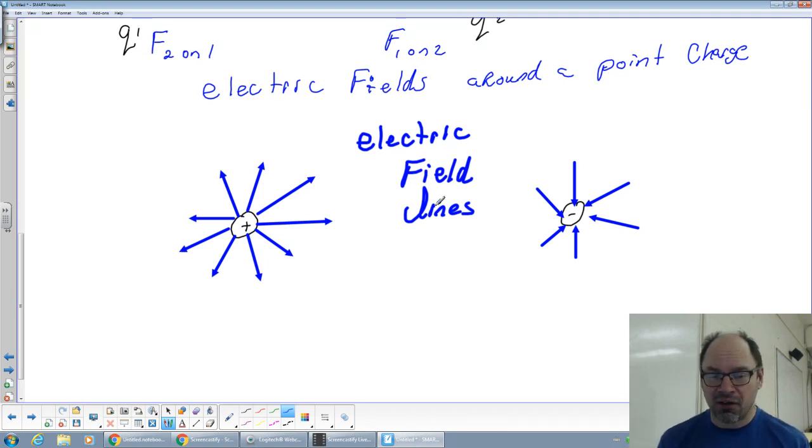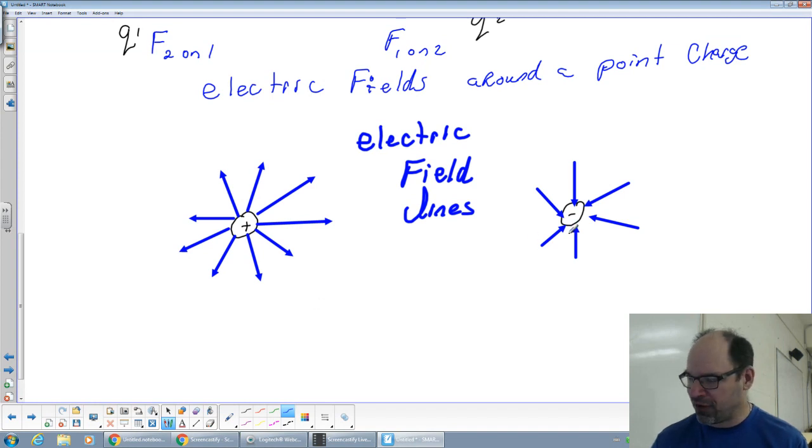So now if we draw the electric field around two point charges of like charge and of opposite charge, it's going to look very similar to the magnetic fields, if you remember from way back in the day.